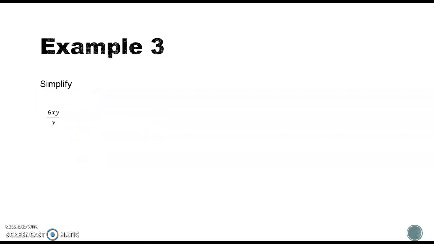All right, so here we want to simplify. What you probably want to do is just say, oh, y divided by y, go away. I just want to show you that basically what this is is 6xy times 1 over y. So it's that multiplicative inverse. I probably spelled it wrong and I apologize.